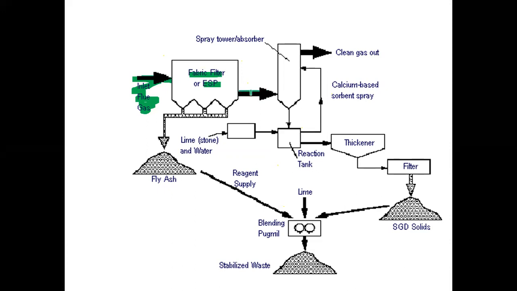Those will then enter the spray tower absorber or wet scrubber. The similar names for the wet scrubber are absorber and spray tower. Before you look at the absorber, look at the bottom of the fabric filter or the electrostatic precipitator.